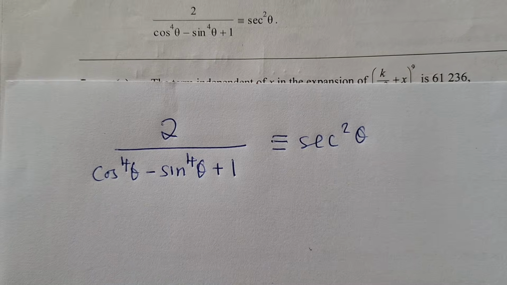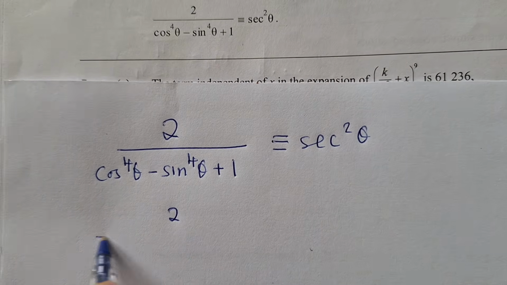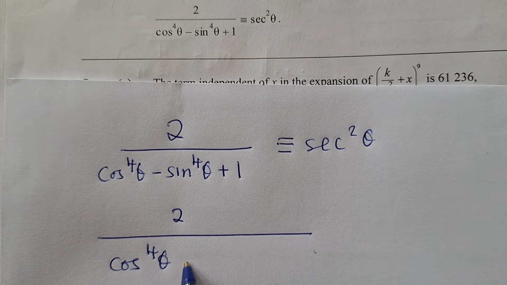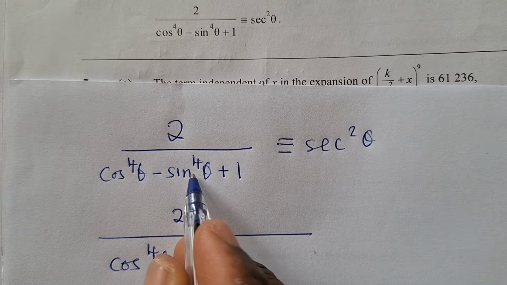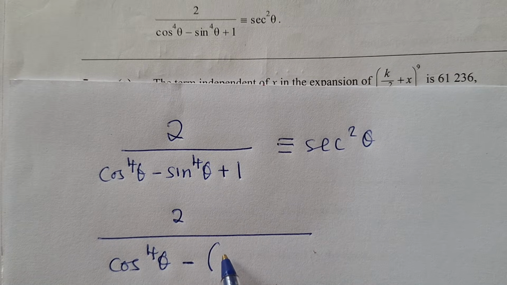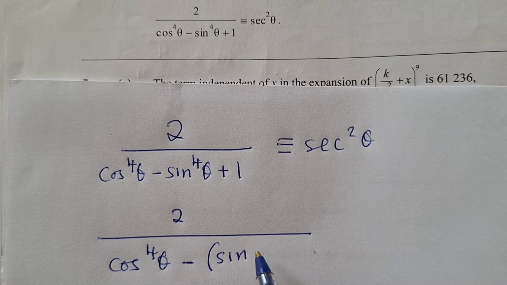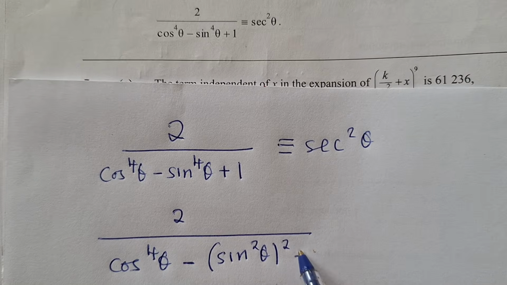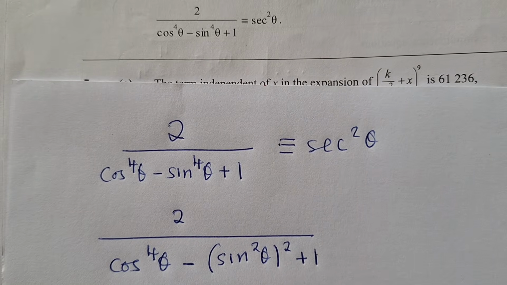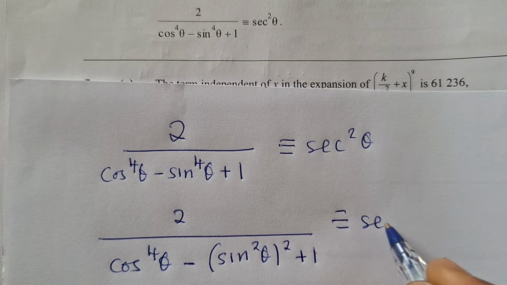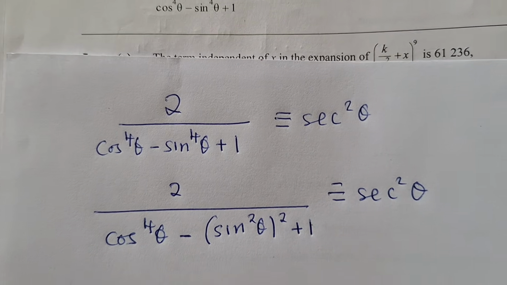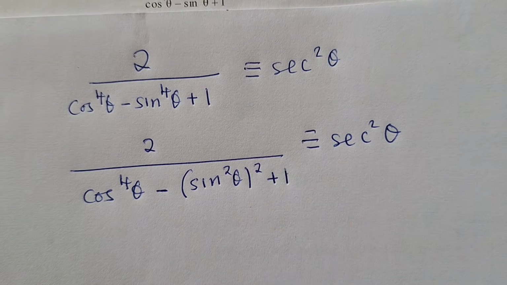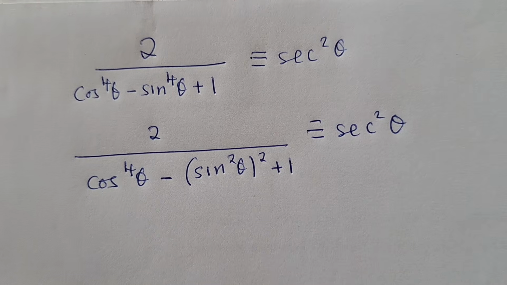So to prove this identity, we're going to write 2 over cos power 4 theta minus, here we're going to write sine 2 theta power 2, plus 1, okay. We of course know that this whole thing must be equivalent to sec squared theta, okay.